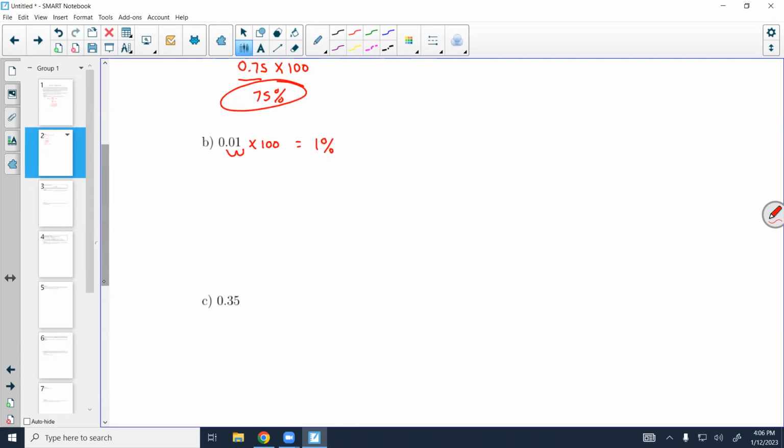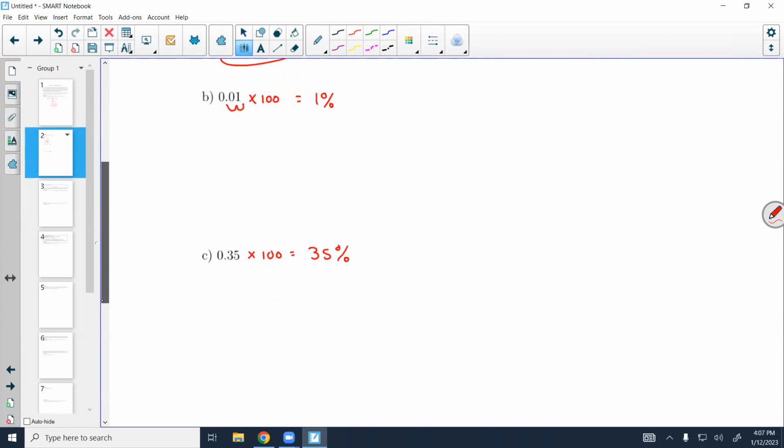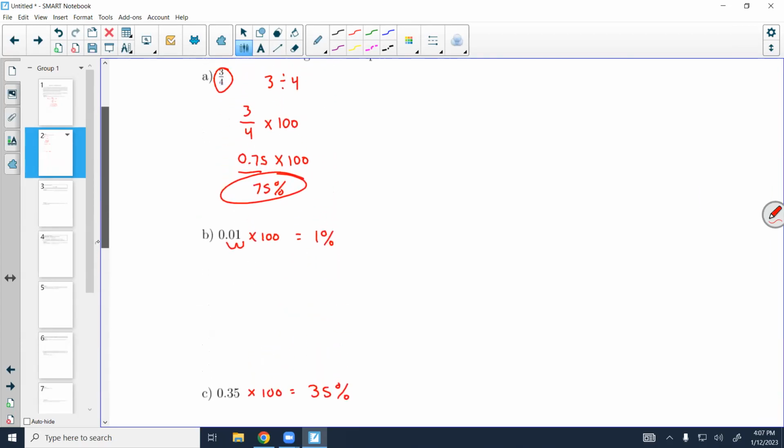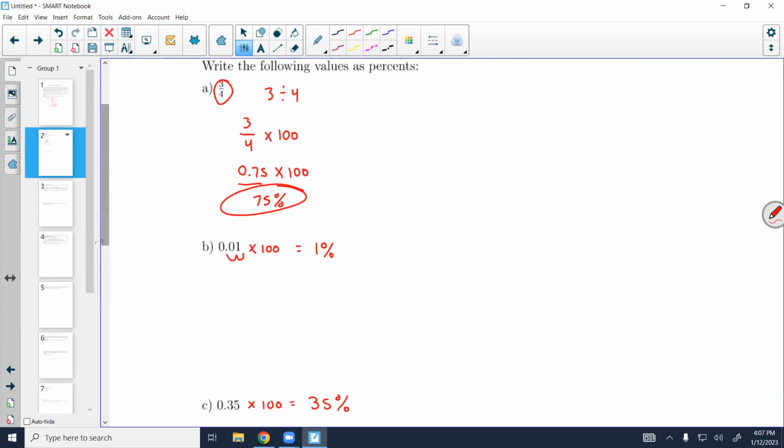Again, same thing here. 0.35 times 100 equals 35%. 35 parts out of 100. Any questions on any of these three?